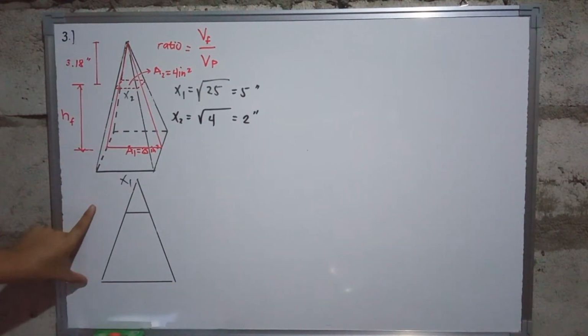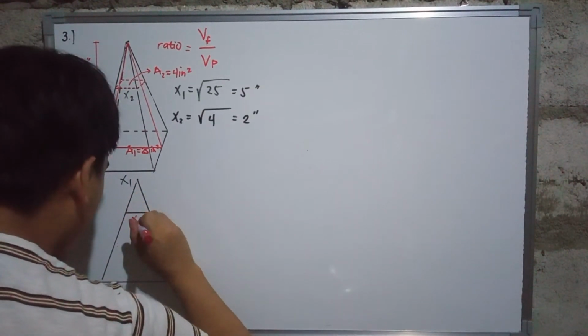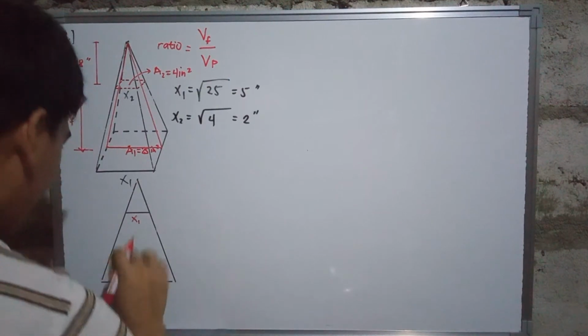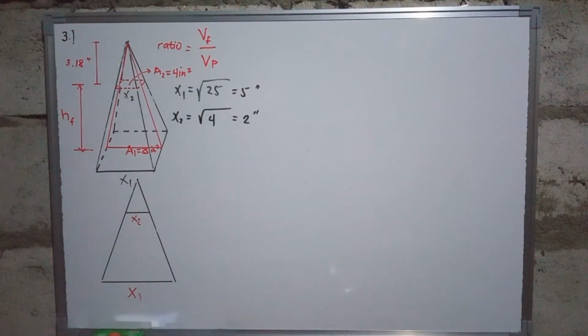So, this will become our triangle. Wherein yung nasa taas, that will be x sub 1. Yung nasa baba, ay baliktad pala, x sub 2 yung nasa taas, x sub 1 yung nasa baba.